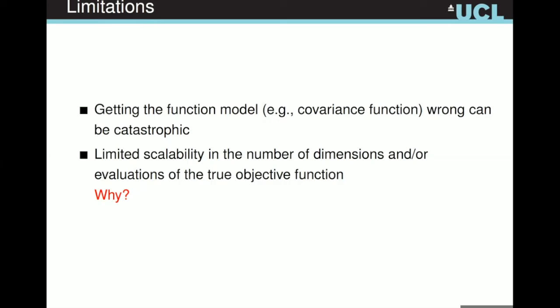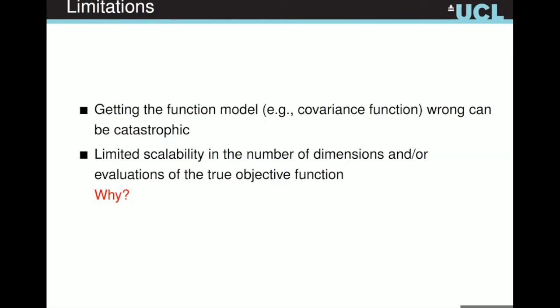Any ideas, any suggestions? Let's maybe start with the number of evaluations of the true objective function. Why are we limited here?